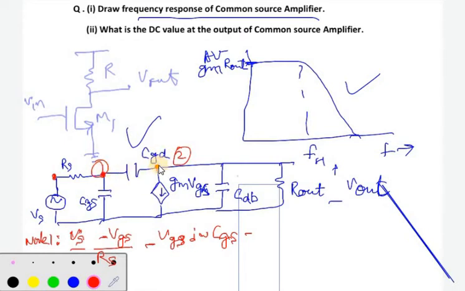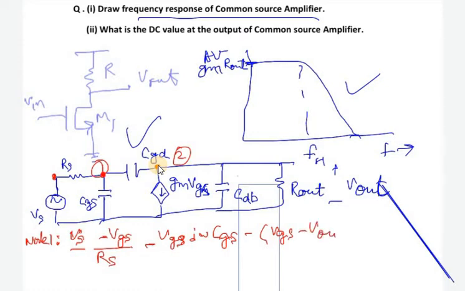This node voltage is Vout; node 2 voltage is Vout. The capacitance across this is CGD. This is equation 1.